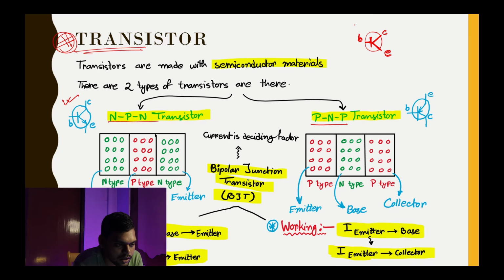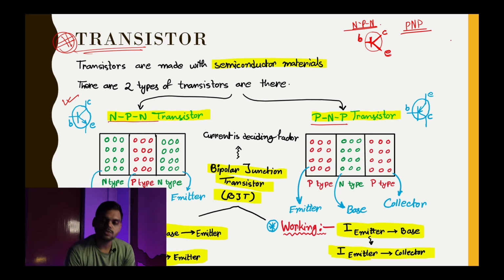If we talk about NPN, then the symbol becomes a little bit different, and if we talk about PNP, the symbol will also become a little bit different. We will talk about it as working of NPN transistors and PNP transistors are a little bit different.